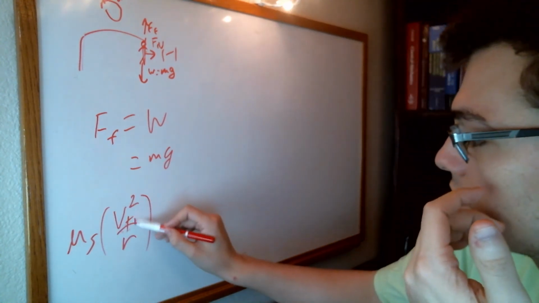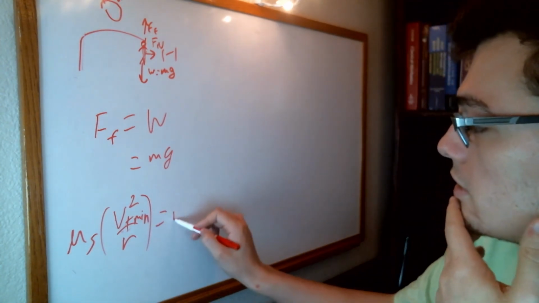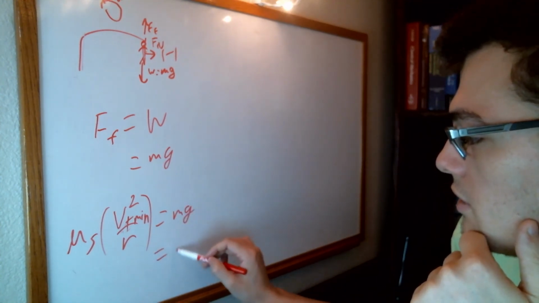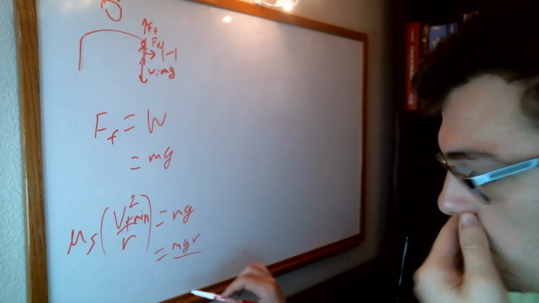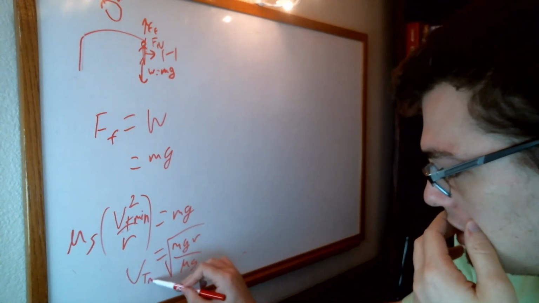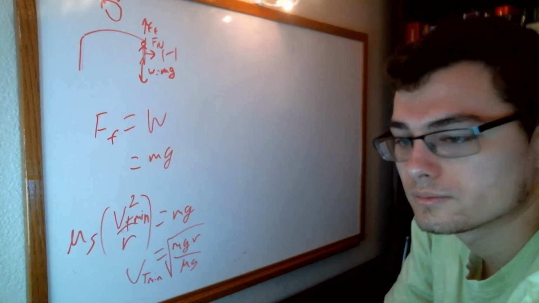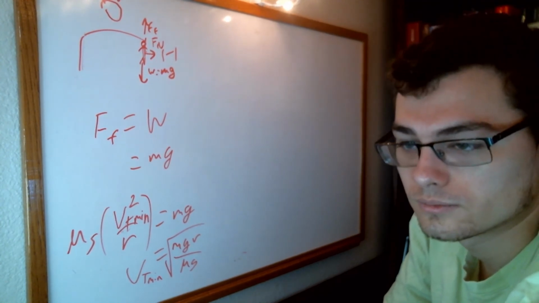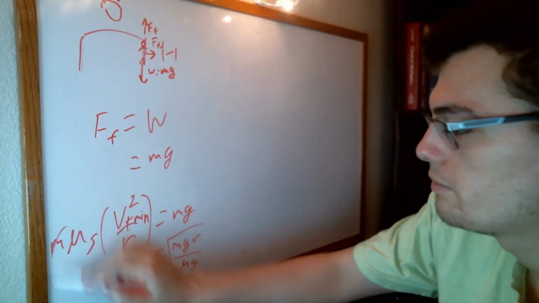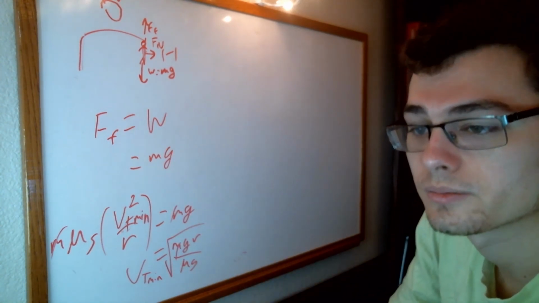And so then this is going to be the minimum velocity that we need to spin this up, or to make sure this person doesn't slip. So then we have mgr over mu s, and then we just need to take the square root of that to get Vt min. Oh, I have left out a mass here. Masses cancel, so there's no m in here. So it's just gr over mu s.